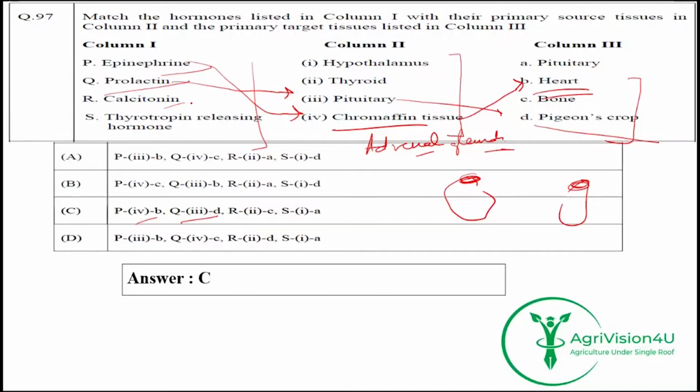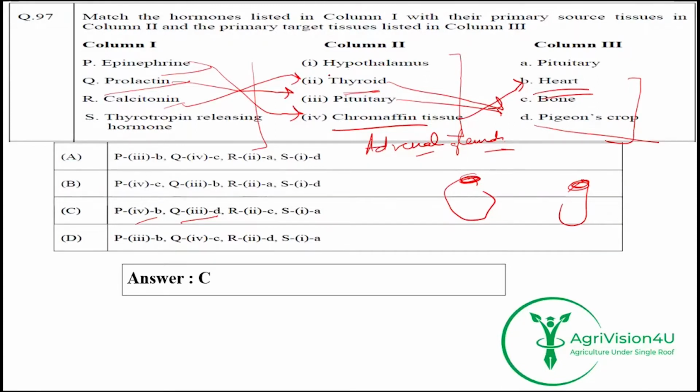Calcitonin, we have thyroid, fine, and it will obviously affect the bones, calcitonin and bones, fine, because the thyroid affects the calcium amount in the body.